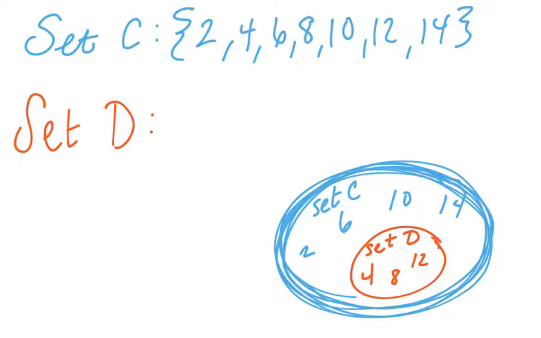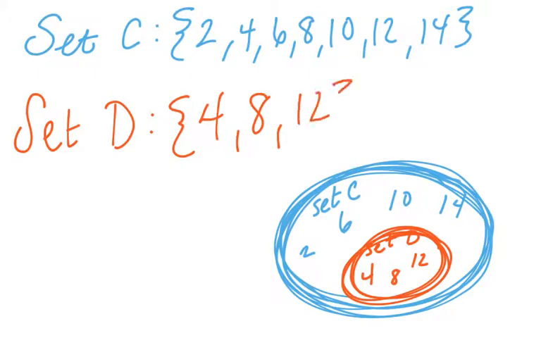Everything in the red circle is in set D. So D contains 4, 8, and 12. Notice how, since the red circle is completely contained within the blue circle, all the elements in the red circle are also in set C. But because the circle that is red only has 4, 8, and 12, the only elements in set D are those three elements.